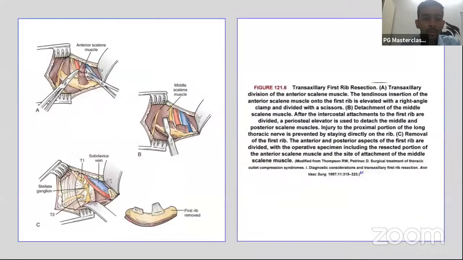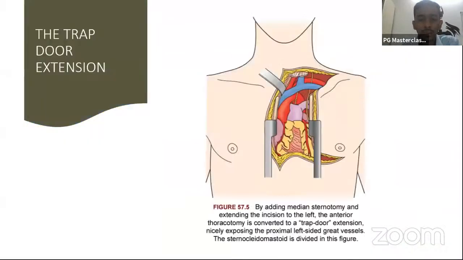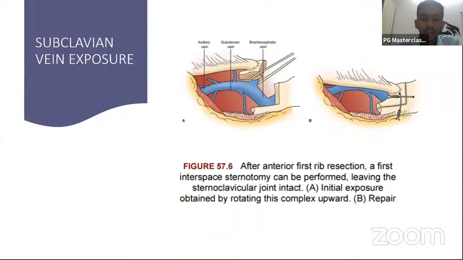The other approach is the infraclavicular approach, in which only the subclavian vein related structures are operated on. It is rare, it is uncommon, and it has been described in the book here. In case of anterior first rib resection, a first interspace sternotomy can be performed.